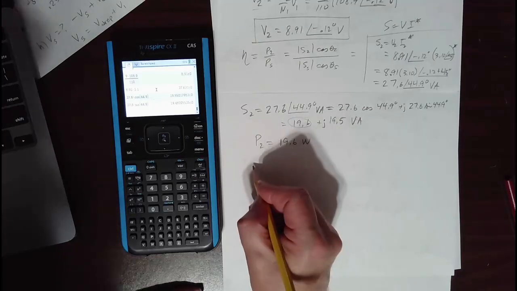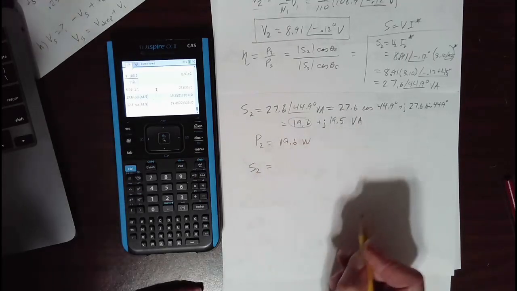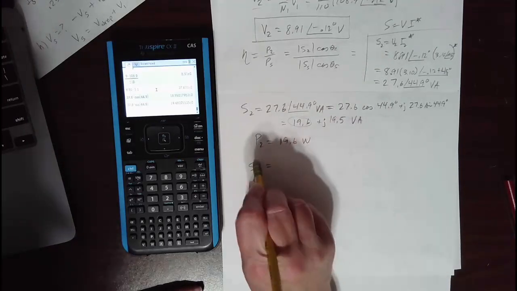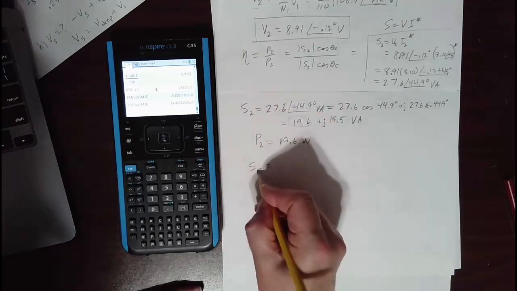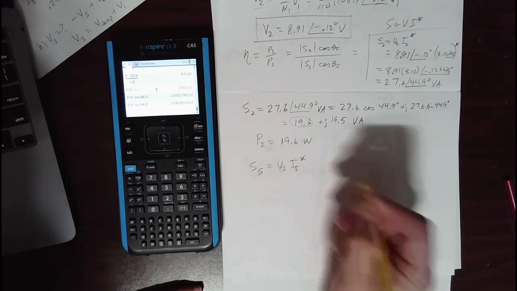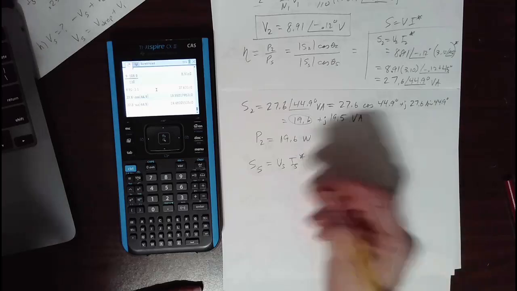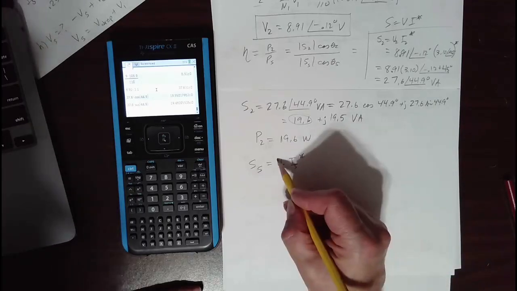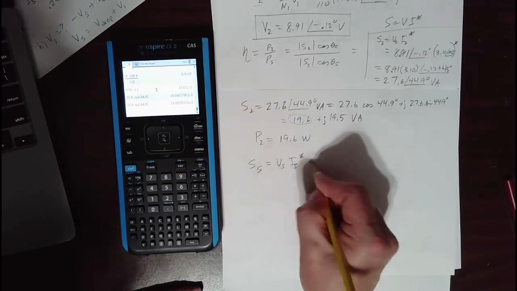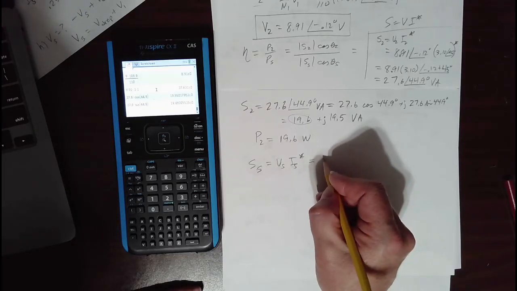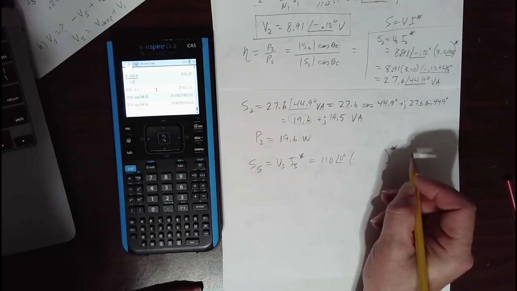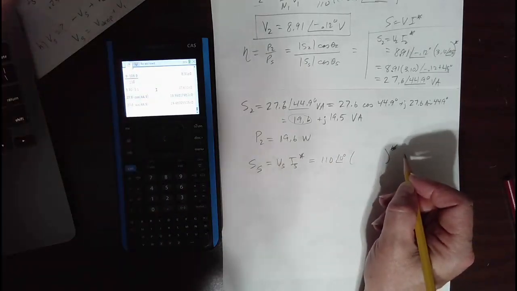All right. S sub S is VS IS conjugate. If we just want the real part, we could just do magnitude of V, magnitude of I, but we've got to get the angle anyway, so we might as well just go ahead and do it. So VS was 110 angle 0, IS is here somewhere.